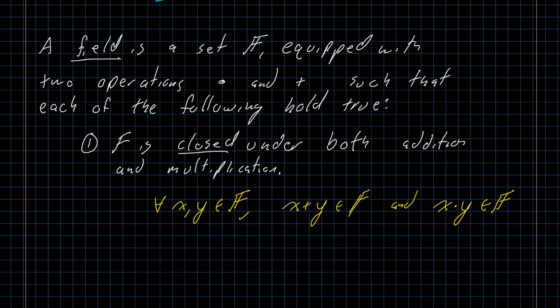A set is closed if whenever you perform the operation, the result is still in the field. And for addition and multiplication, all of our sets are closed. The natural numbers are closed under addition and multiplication. The integers, the rationals, and the reals, they're all closed under both addition and multiplication, so that doesn't differentiate anything just yet.